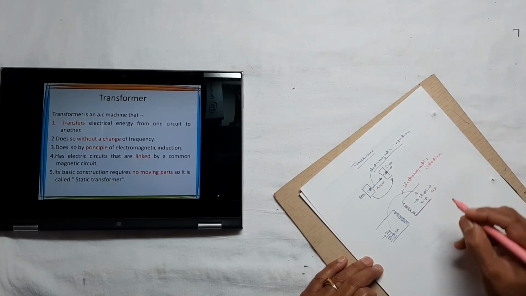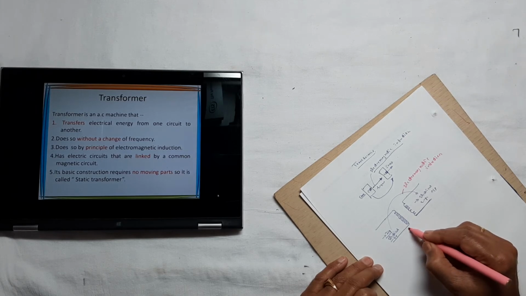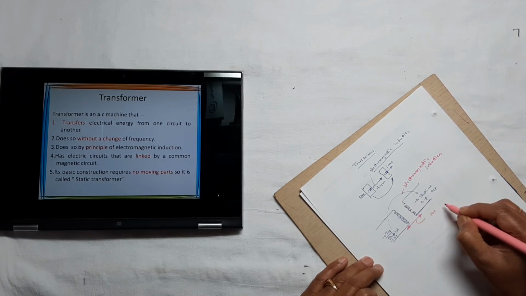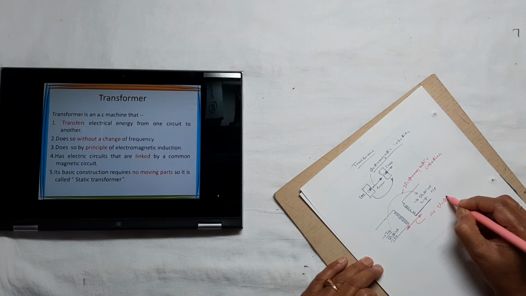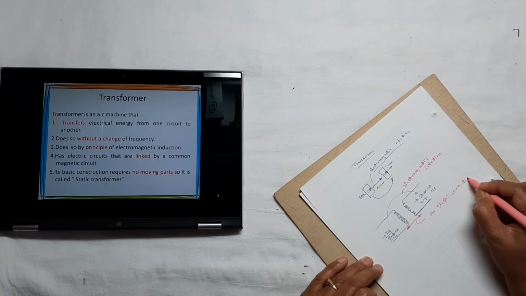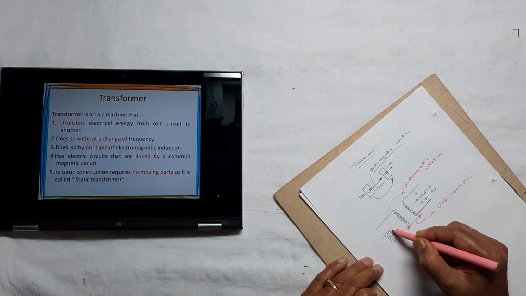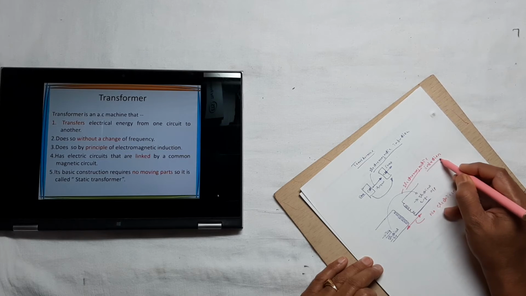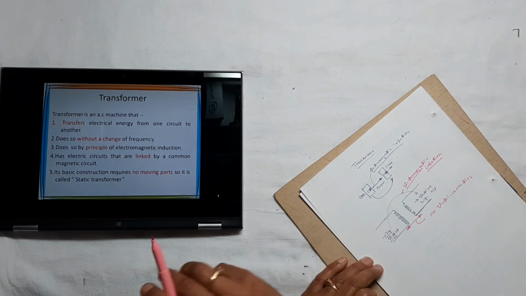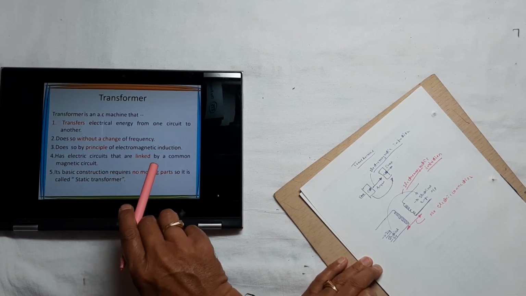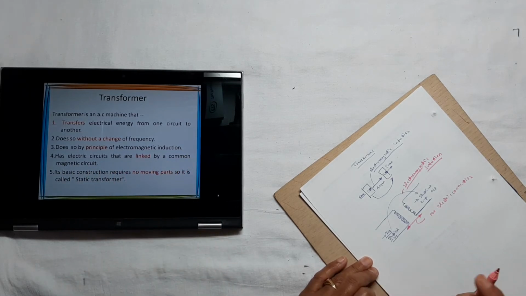One more thing you have to observe here: there is no electrical connection from one circuit to another circuit. Then how is the power transferring? The power is transferring from here to here because of electromagnetic induction. It has electrical circuits that are linked by a common magnetic circuit.